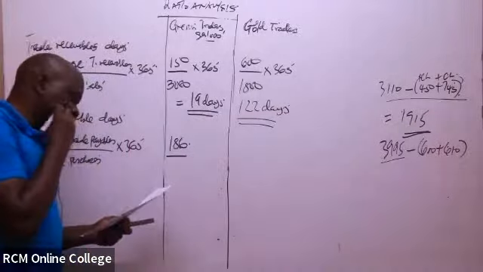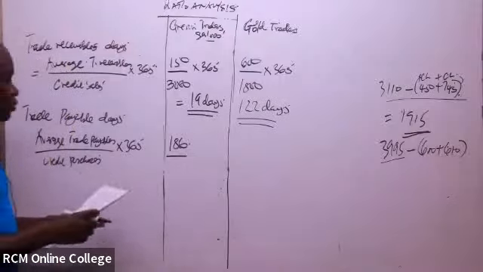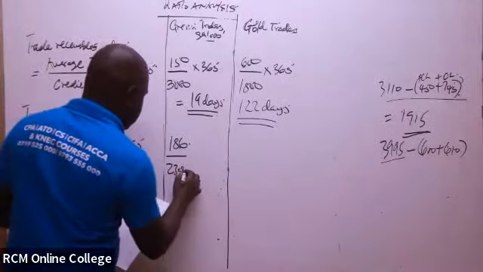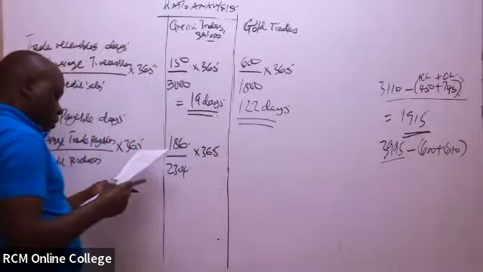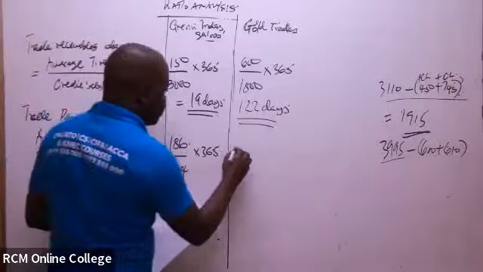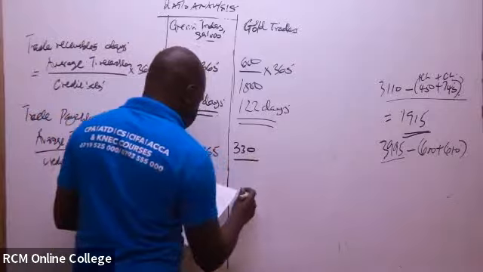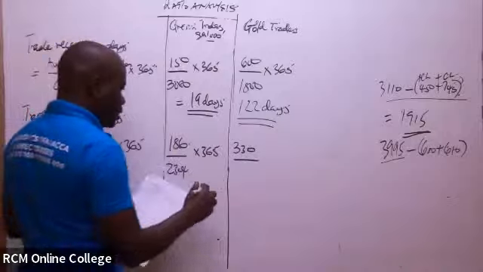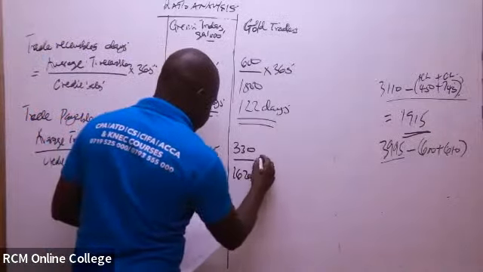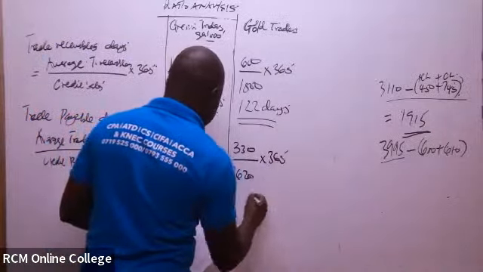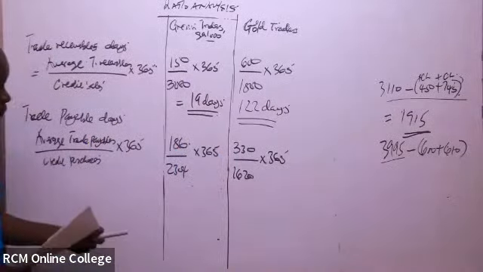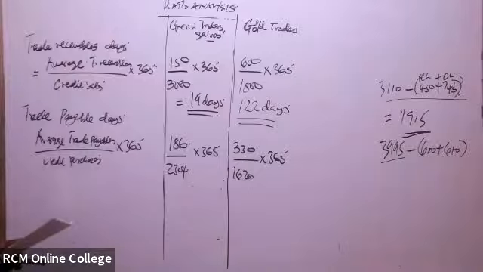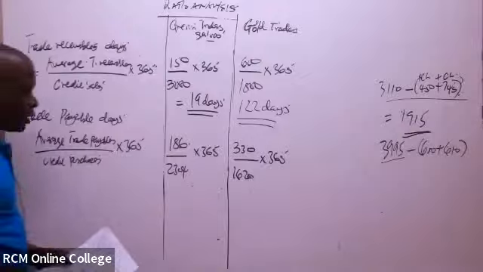You've been told all the purchases are on credit, so this one is 2304, and we multiply by 365. Then the other one is 330 divided by 1620, multiplied by 365. So how many days here? 186 over 2304 multiplied by 365 is 29 days.